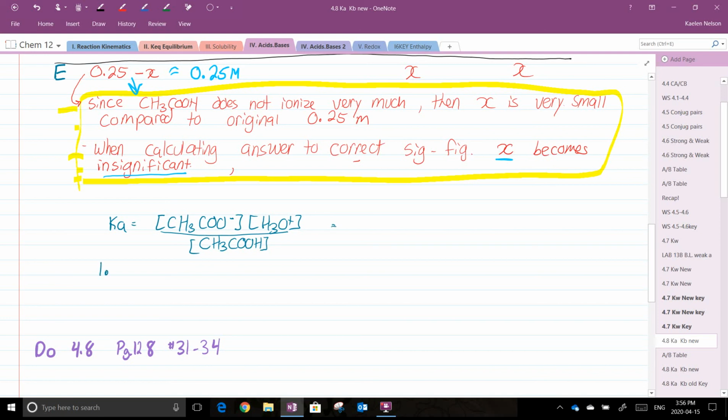I know my value for Ka was 1.8 times 10 to the minus 5. Remember, I got that from my table. I know my top is X and X, which will be X squared. And I know my bottom is 0.25.